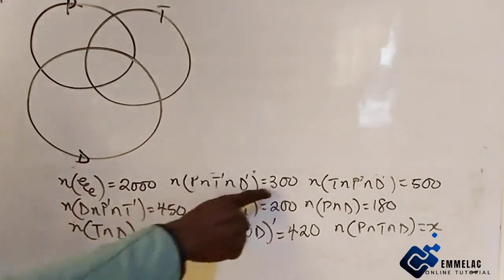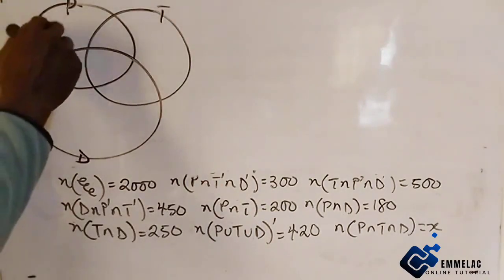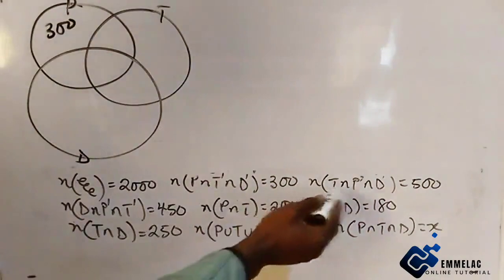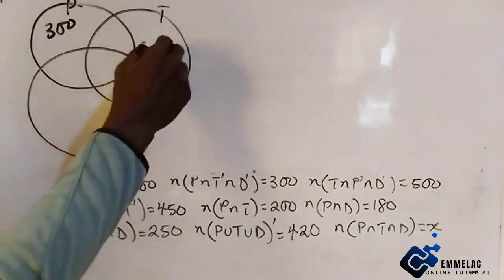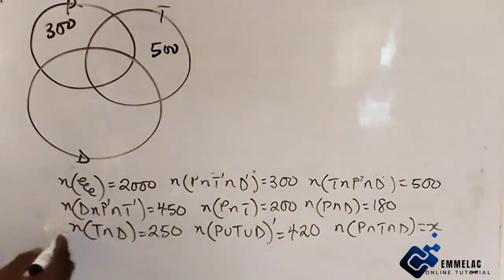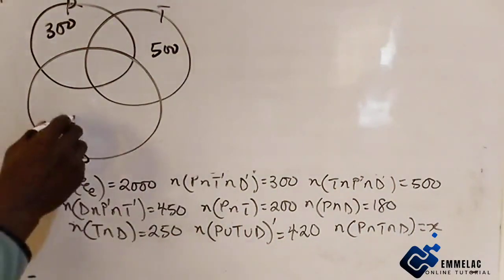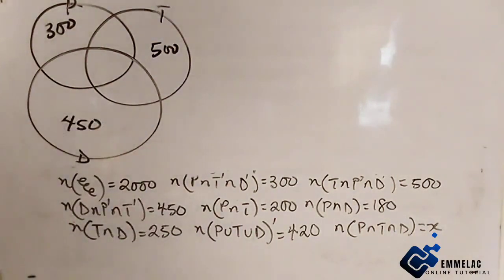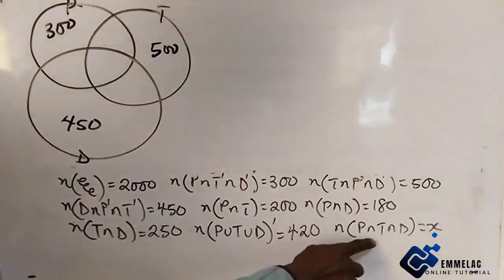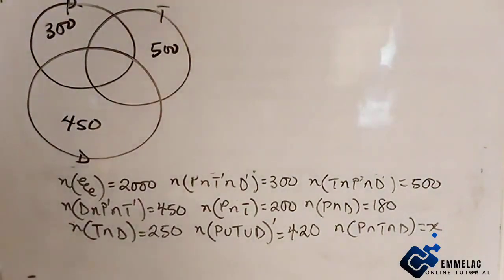Now for Peugeot only, here we have 300. For Toyota only we have 500 here. For Datsun only we have 450 here. Now let this X be the intersection of the three of them.